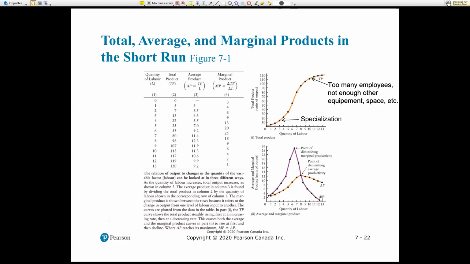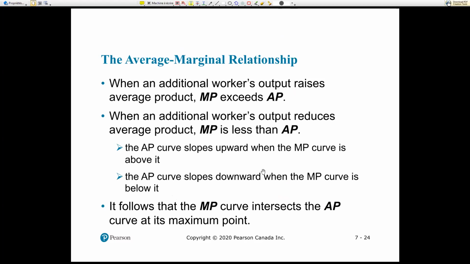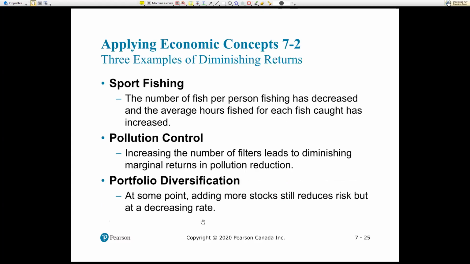And then the reverse is true for the second part. When an additional worker's output reduces the average product, the marginal product is less than the average product. So it slopes upward here, and it slopes downward there. Yeah, so it follows, as I said, that it intersects the curve at its maximum point.